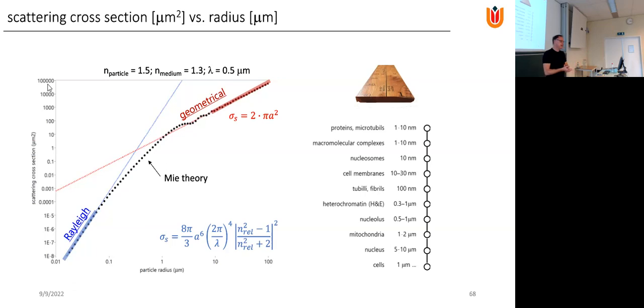Now you can calculate the efficiency for light that hits the particle. Because it is so large, that should just be unity. And you can calculate the efficiency for diffraction of light that is diffracted around the edge of the particle. And by Babinet's principle, you can argue that that should also be the same as the geometrical cross-section. So the efficiency for that process should also be 1.